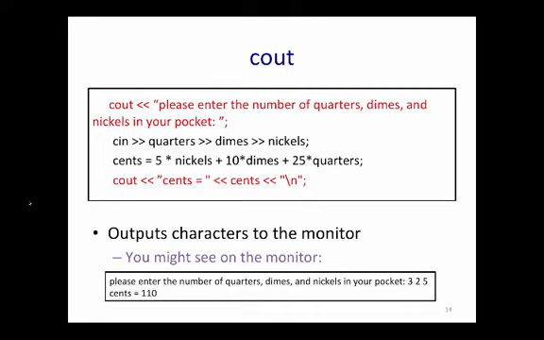So we're first going to talk about output, and cout stands for console out, where the console is just another name for your terminal window. And remember that cout uses the less than operator, and you use it to separate your operands.